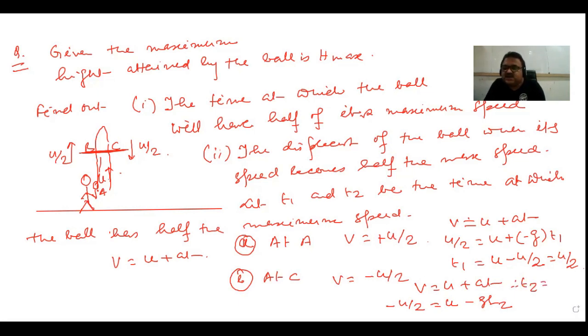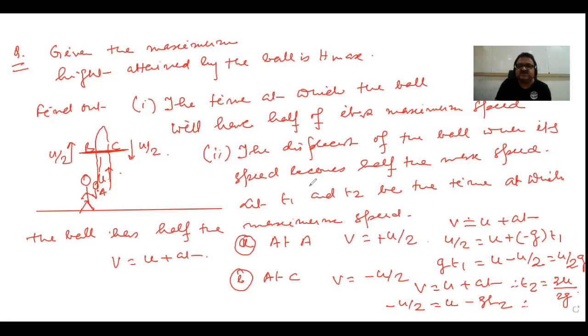I made a mistake here. It is g T1, u by 2, this will be u by 2g. Correct. Now if I do the same thing here, this will be t2 equal to 3u by 2g. Is it clear? So this is the technique by which we can find out the time when it reaches half of its maximum speed.